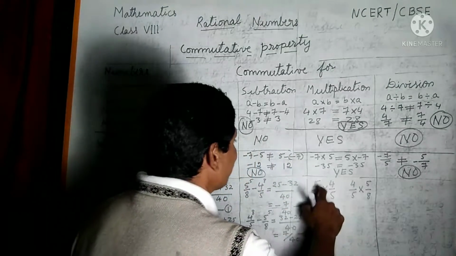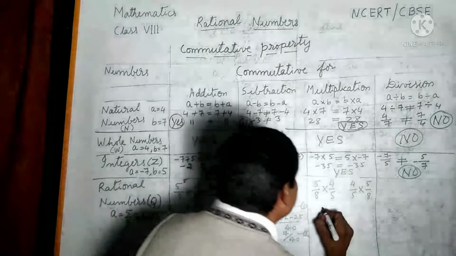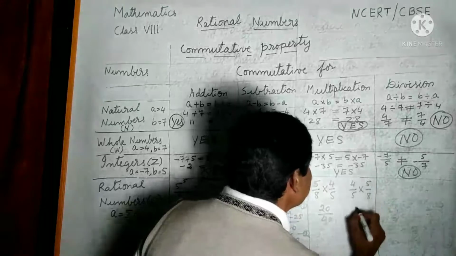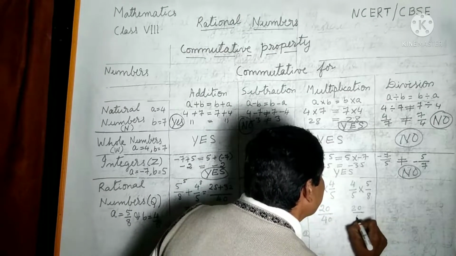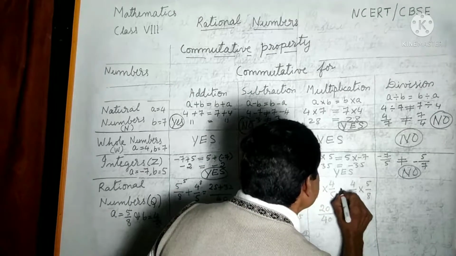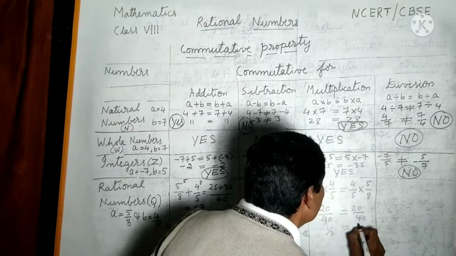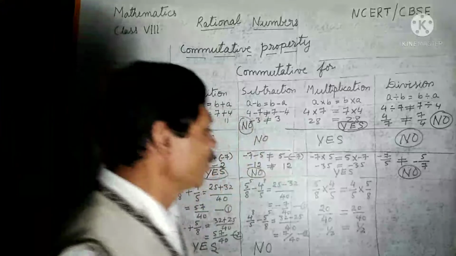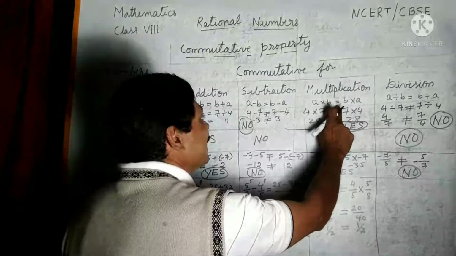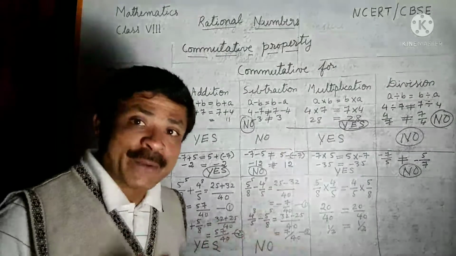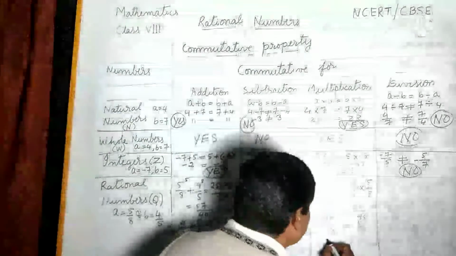This is equal to 20 by 40 and this is also 20 by 40. This is equal to 1 by 2 is equal to 1 by 2. So a into b is equal to b into a. That means that multiplication is commutative. Yes.